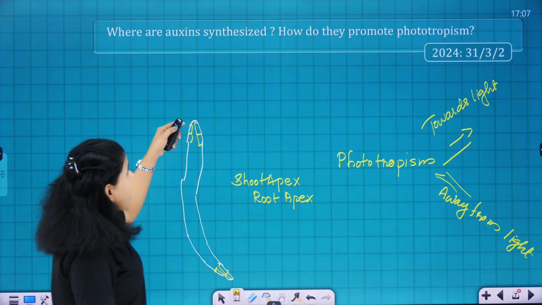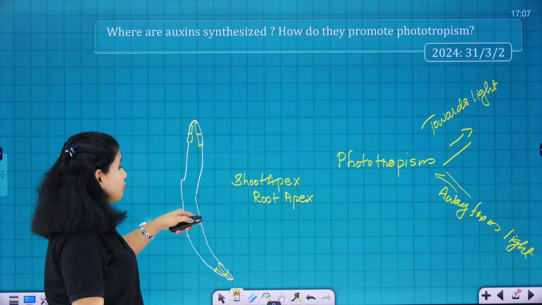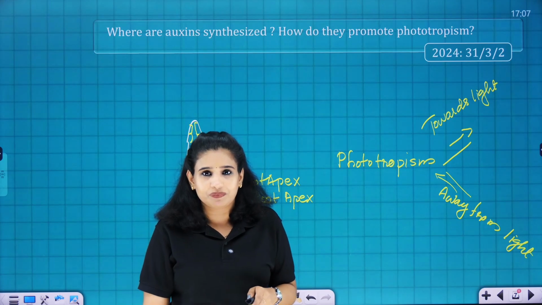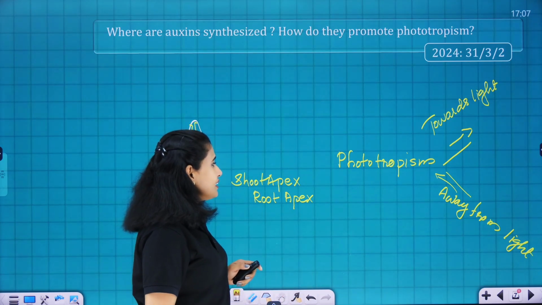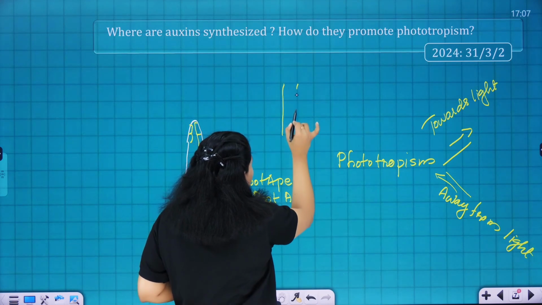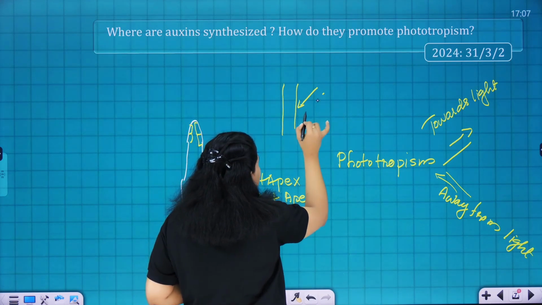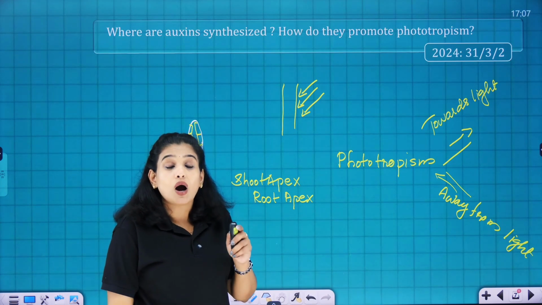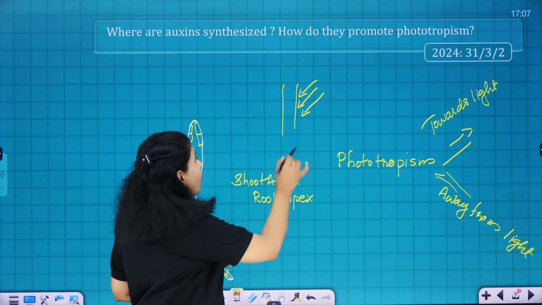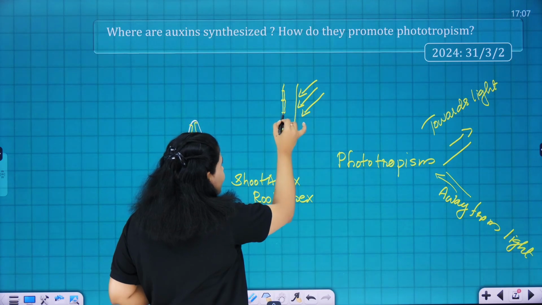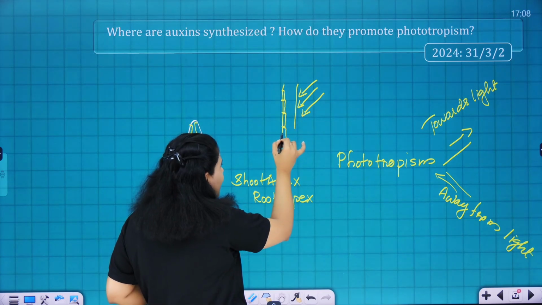Now, how do auxins promote phototropism? I will explain this. Suppose this is a plant and the light rays are coming from this direction. The auxins will move to the opposite side, that is the shaded side.